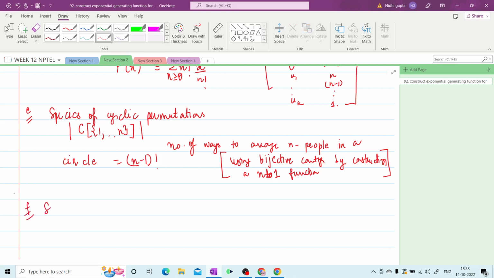Now the last was the species of endofunctions, the number of functions from an n element set to an n element set. This is also a basic counting problem.